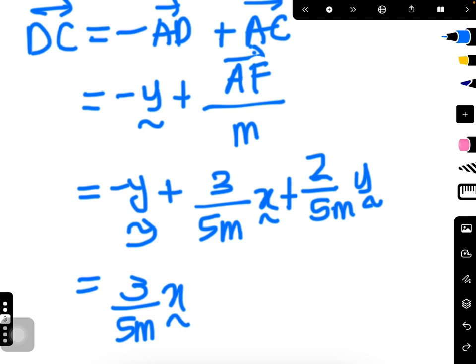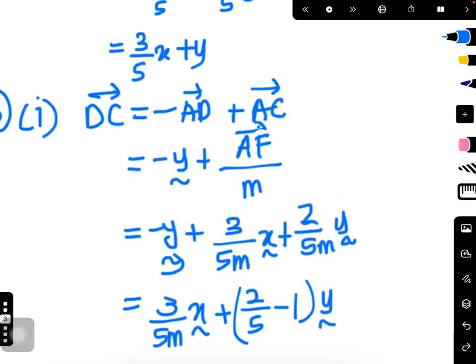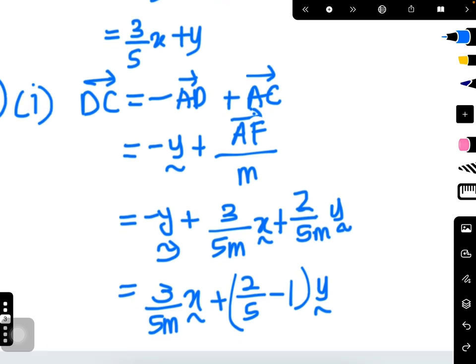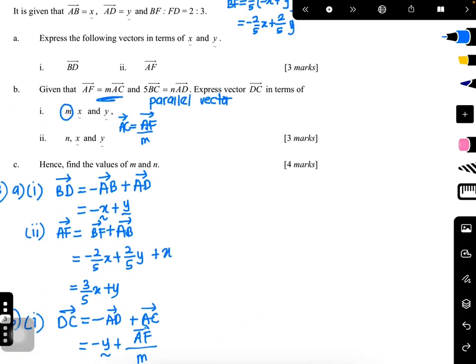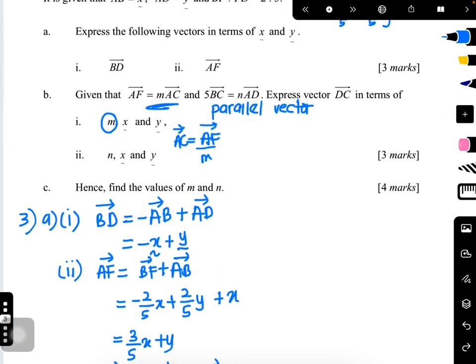Plus 2 over 5 in bracket m minus 1, y. Where did I get this? Because we have the same factor that we can factorize, so we just need to factorize it. Okay, that's it. We have learned it before. Okay, let's proceed with B2.